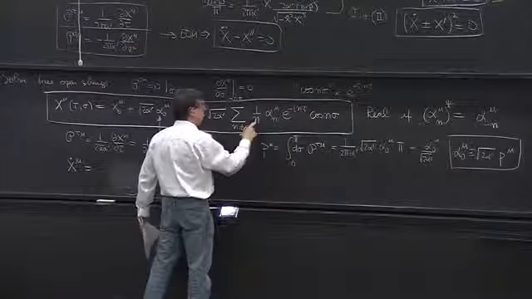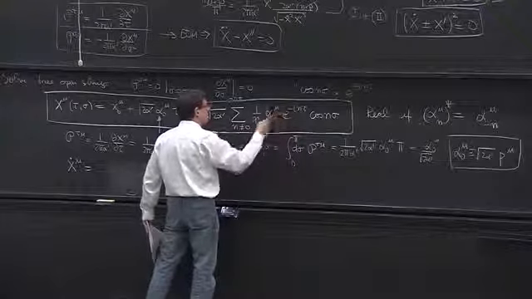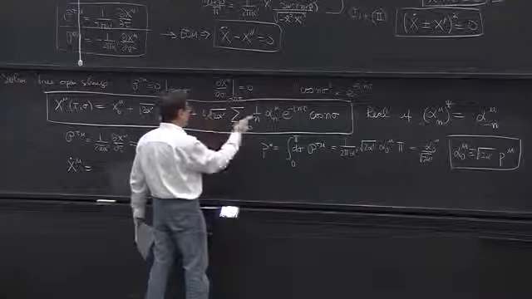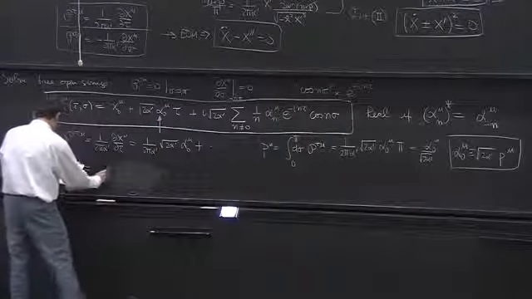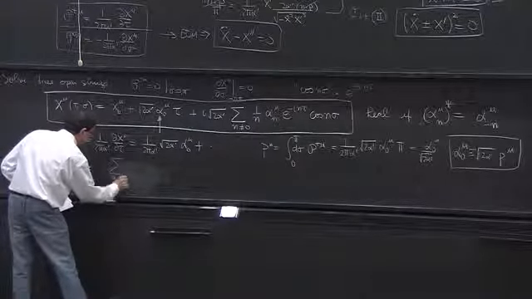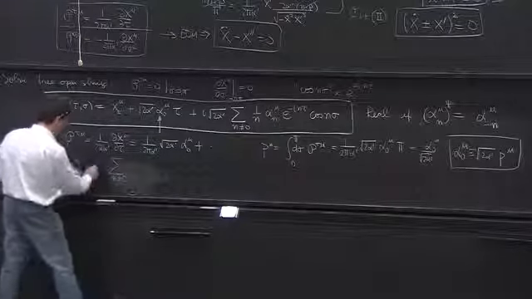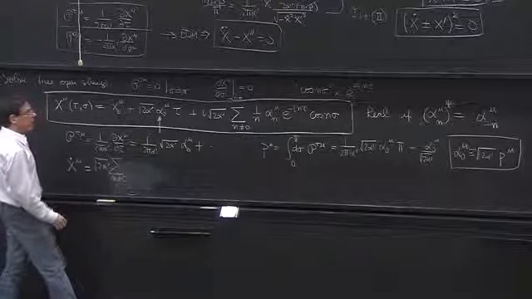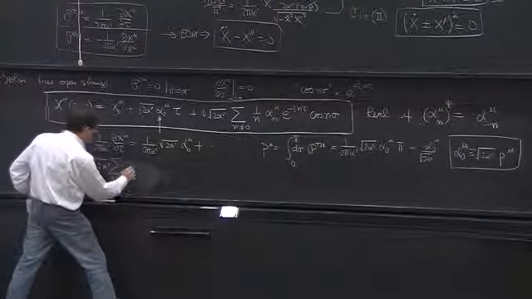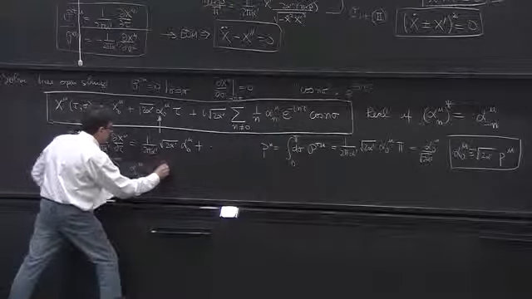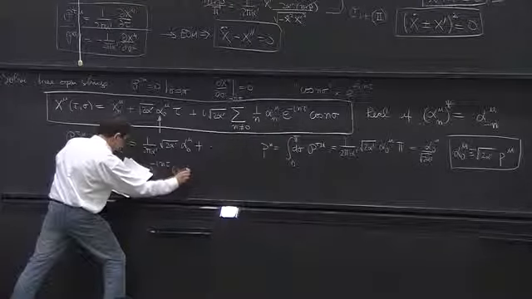The n cancels. That's why the n was there. And therefore, I lose the i, lose the n, and I get the sum over n different from 0 of square root of 2 alpha prime alpha n mu e to the minus i n tau cosine of n sigma.